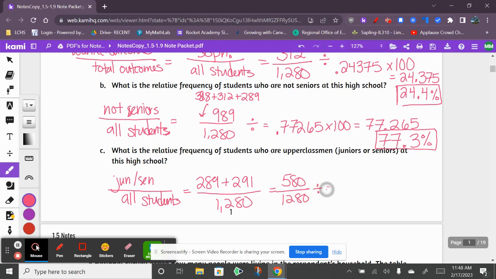Divide that, we get 0.4531. Multiply that by 100, we get 45.31%, and round it to the nearest one decimal, so 45.3%.